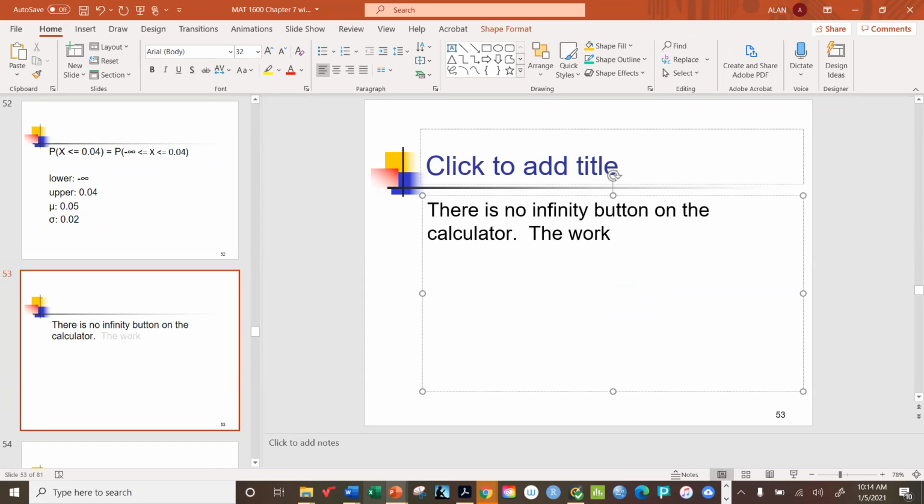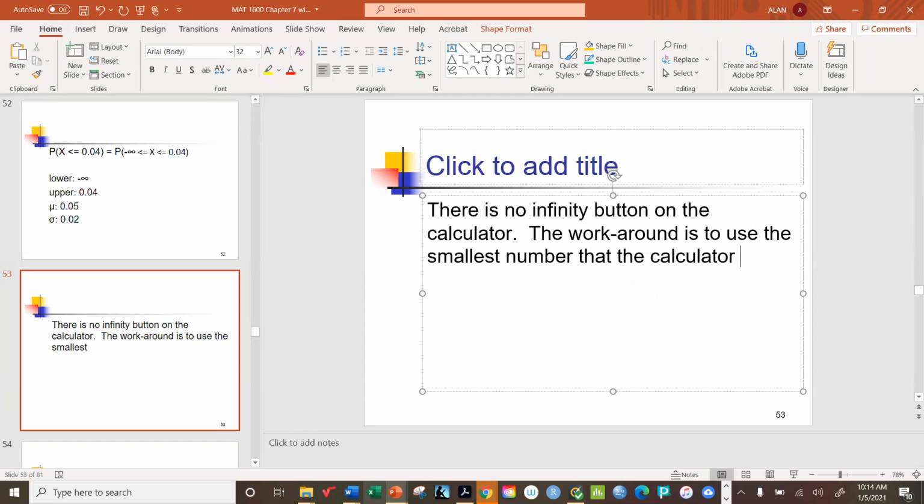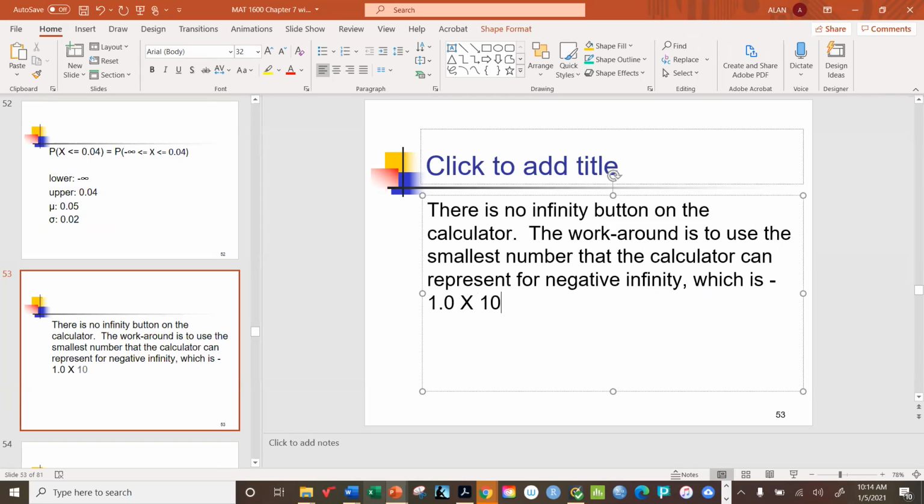The workaround is to use the smallest number that the calculator can represent for negative infinity, which is negative 1.0 times 10 to the 99th power.